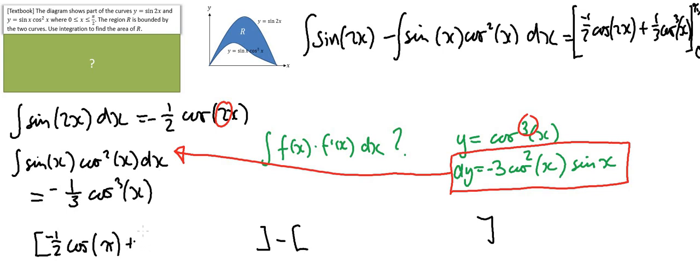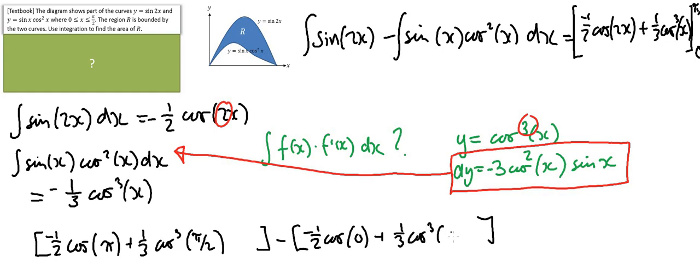And then I'm adding 1/3 of cos cubed pi over 2, because that is just 1/3 cos cubed of x, not 2x. Then we do the same thing on the other side with 0. So we've got minus a half cos of 2x, x is 0 here, plus 1/3 of cos cubed of x, which is 0.